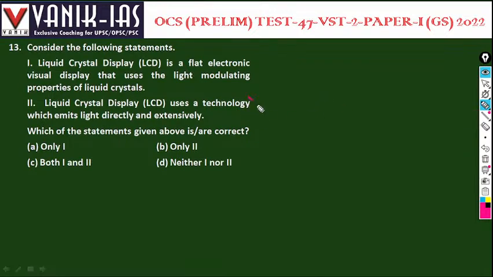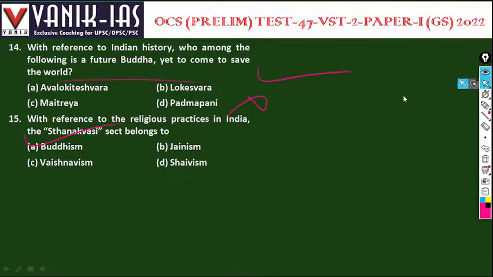So this statement is wrong. Only the first statement is right. It will not emit light directly or extensively. Its job is to display using the light modulating properties of liquid crystals, as used in LCDs. One only is the answer.